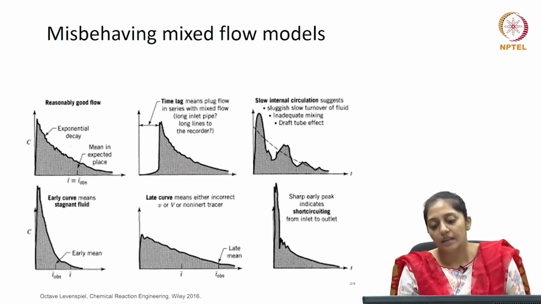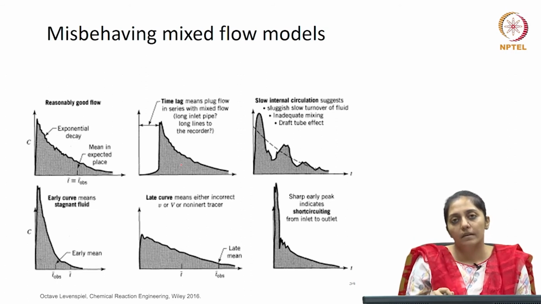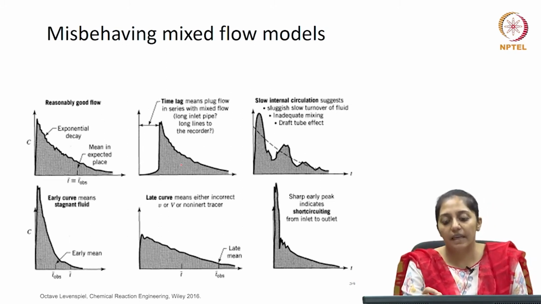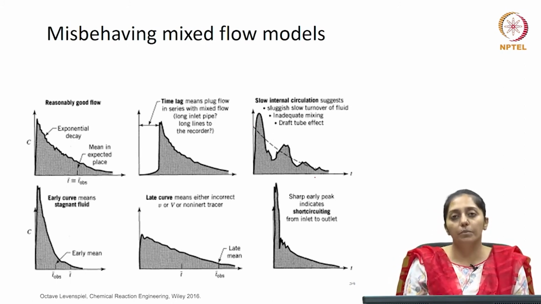Then if you observe more than one peak coming out at some intervals with decreased intensity, this would mean inadequate mixing or maybe the draft tube effect, the internal recirculation.